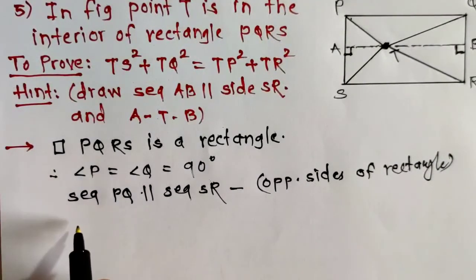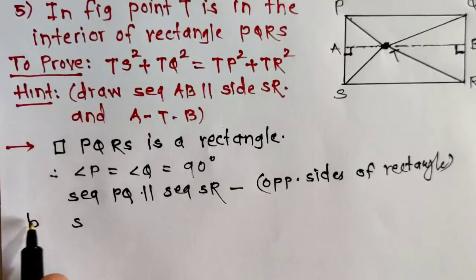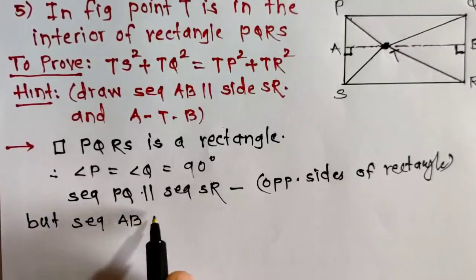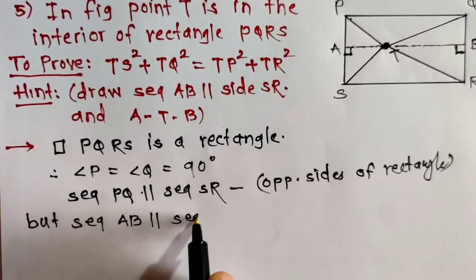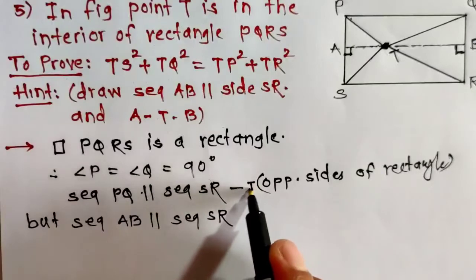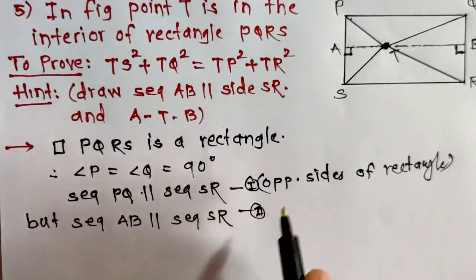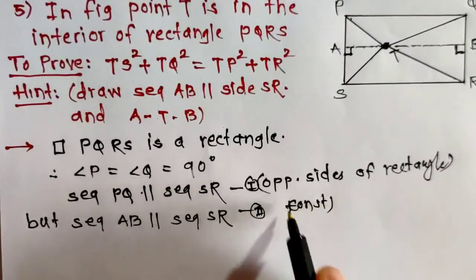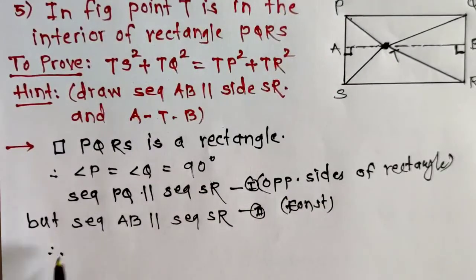But what is given? Segment AB parallel segment SR. Suppose it is 1 and it is 2. Here it is construction. Hint is given, construction. Therefore what we get?